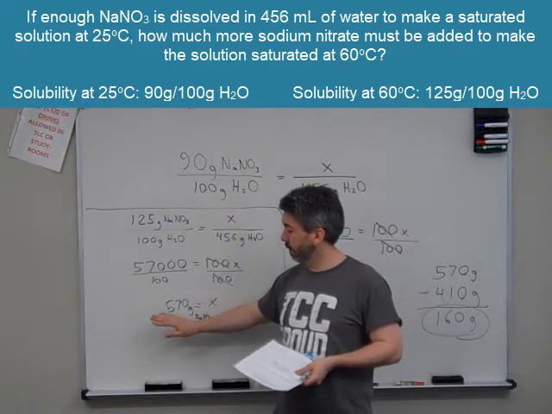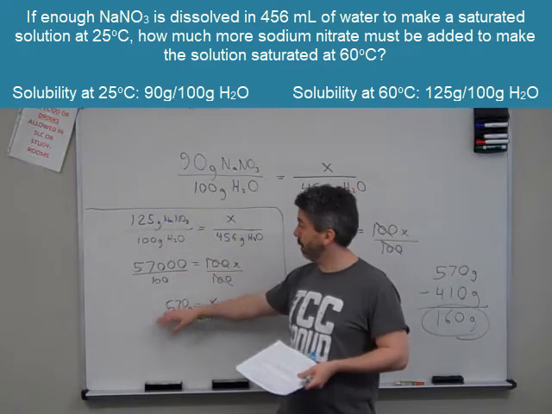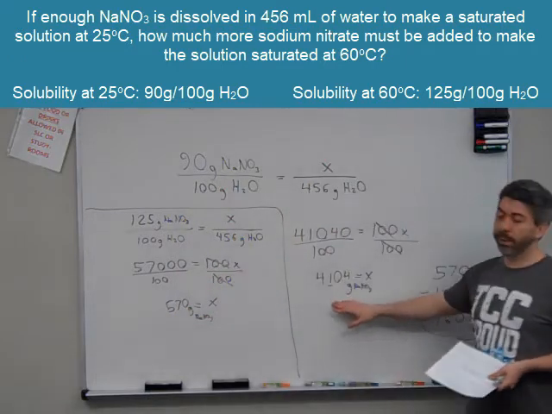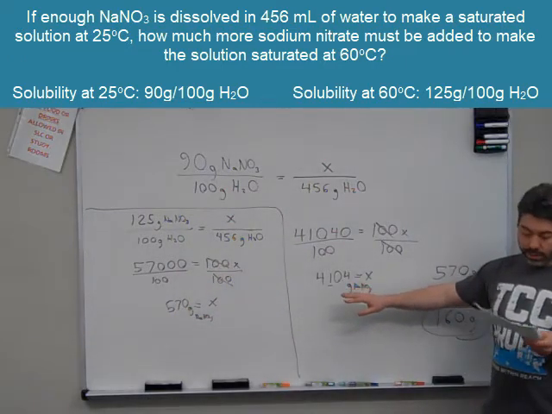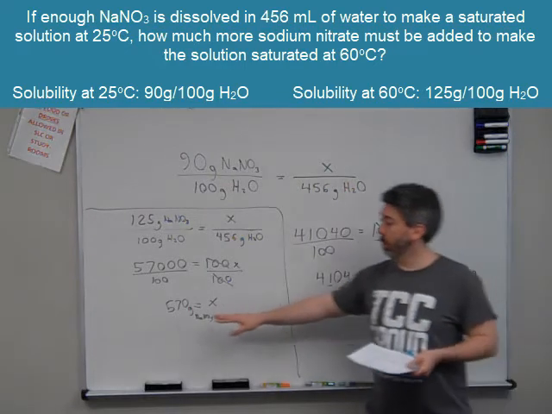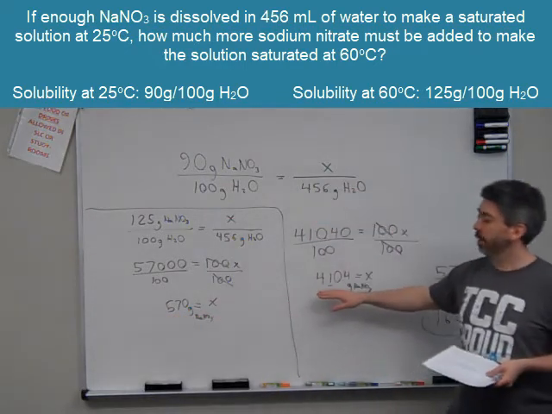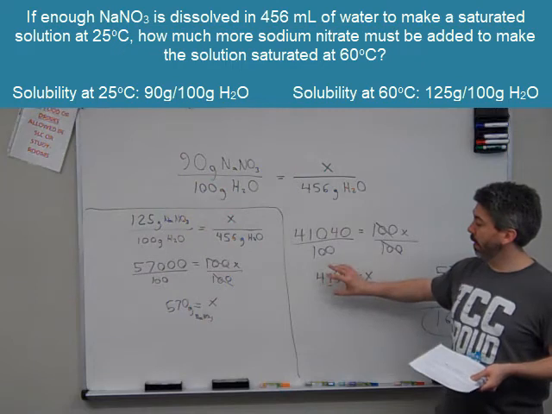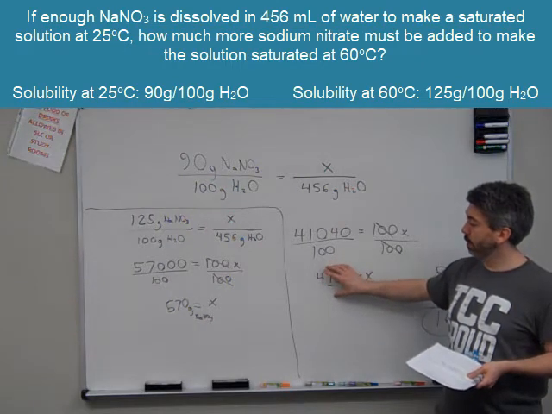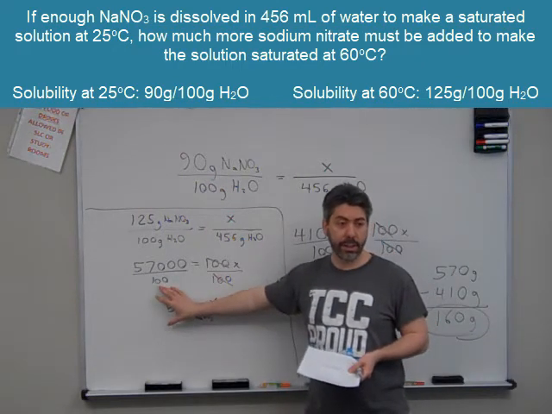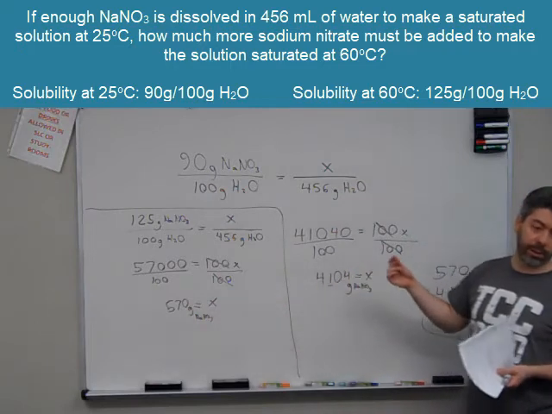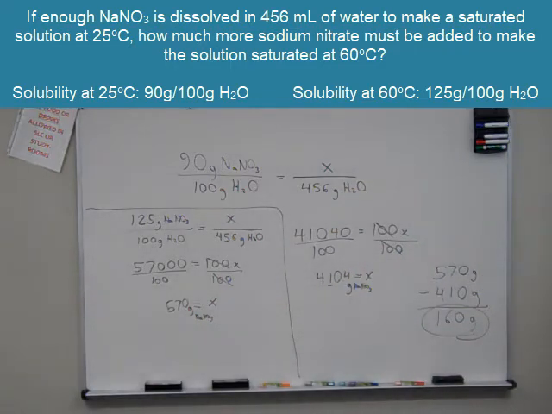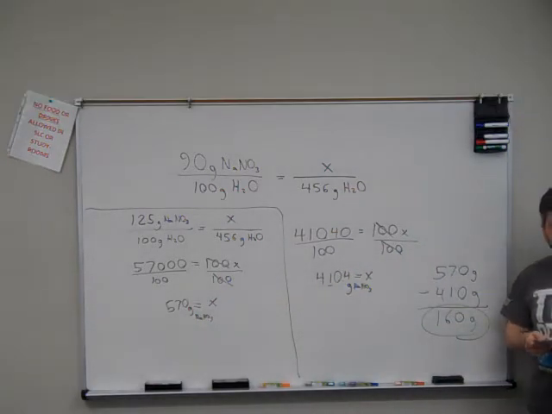This is the amount to make it saturated at 60 degrees, and this is the amount at 25 degrees. You just subtract and figure out it's 160 grams you have to add.